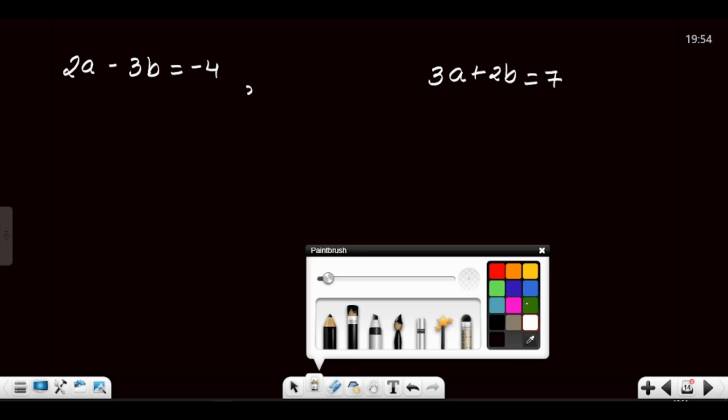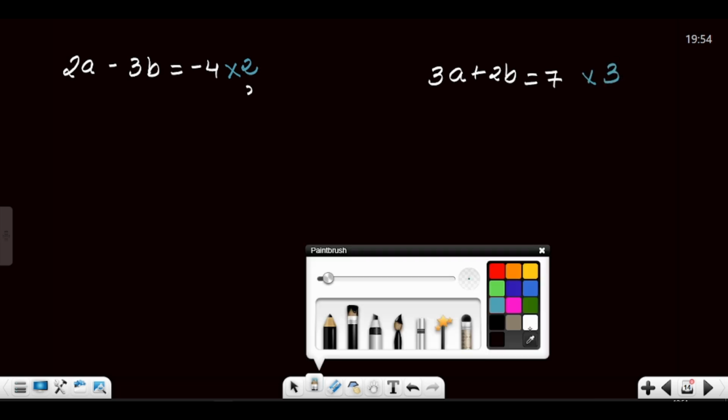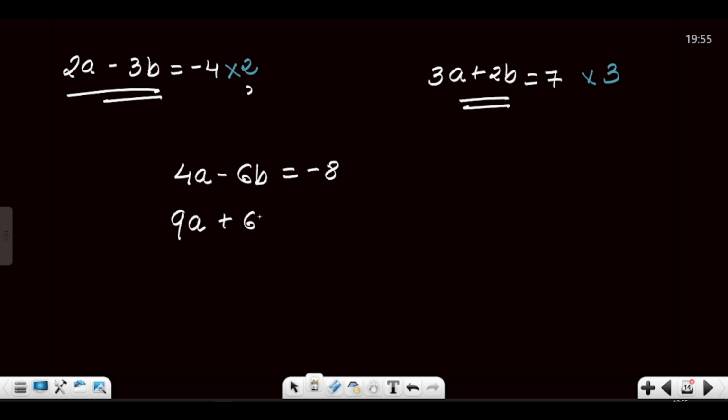Now let us multiply the first equation with 2 and the second equation with 3. Multiplying the first with 2, 4a minus 6b equals minus 8. The second gives 9a plus 6b equals 21.